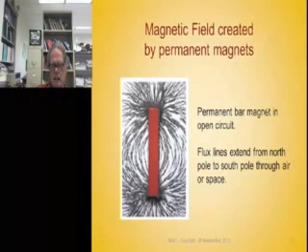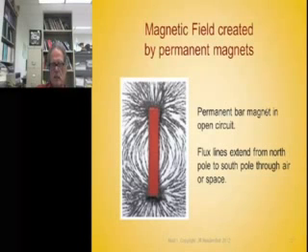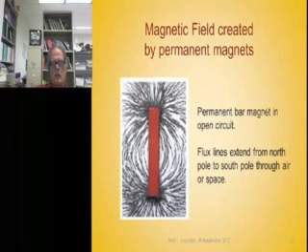But once you magnetize it, you get a force field coming off of this magnet going from the North Pole to the South Pole. You get this force field that basically lasts forever. The only way you could destroy it is to overheat it or demagnetize it with some external electromagnetic field. So that comes pretty close to getting something for nothing.